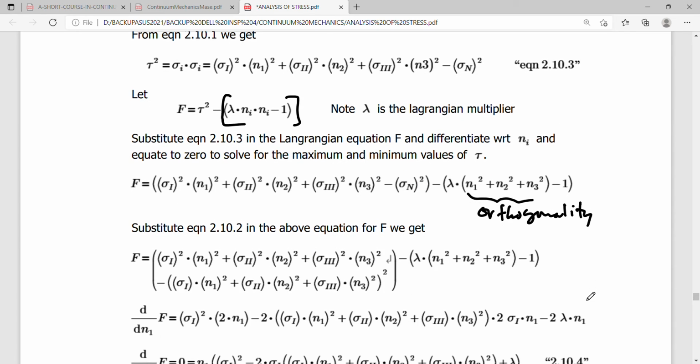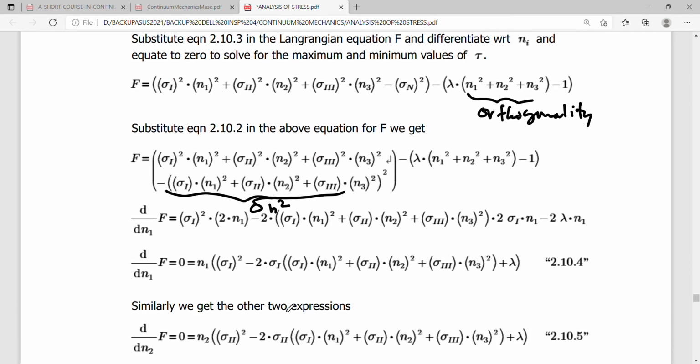Okay, upon substitution of equation 2.10.2 in the above equation for f, we simply get this, okay? So your sigma n square here is actually this term here below. So this term here is simply the sigma n square.